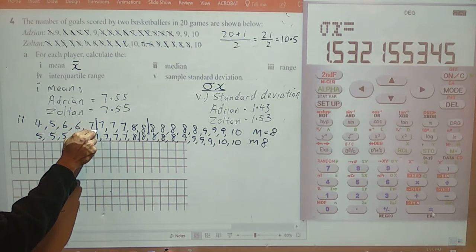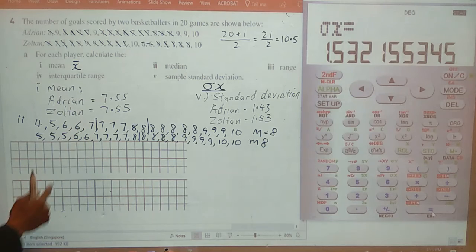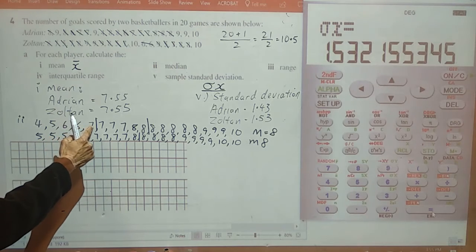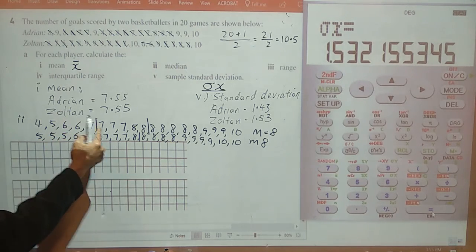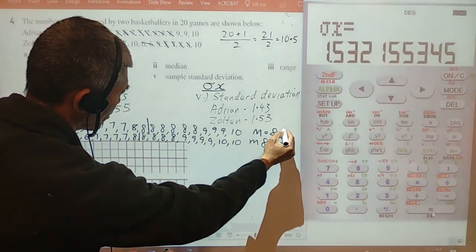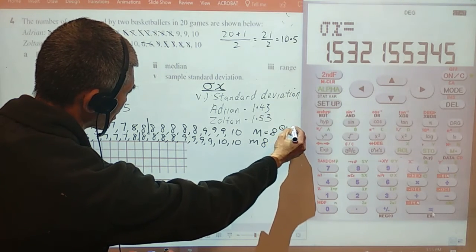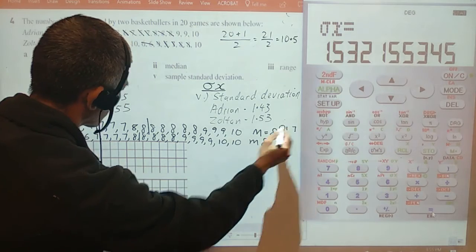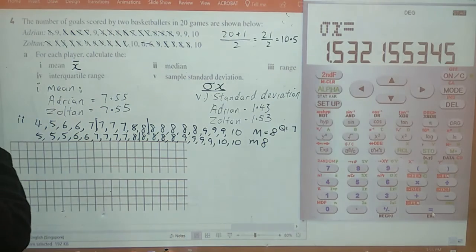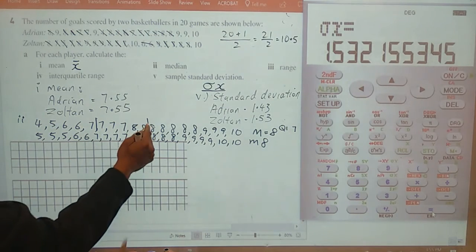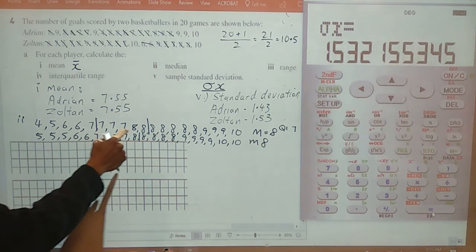Put a line there. This would be our first quartile for Adrian, and it will be 7. So Q1 for Adrian is 7. Let's look at what Q3 is, where 75% of the scores lie below.